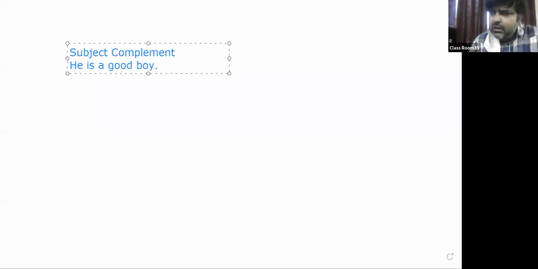Here, whenever you have linking verbs as the only verb in a sentence, let me tell you, a linking verb in a sentence can never give you an object. In the sentence "I am Avishek Dev," here "am" is the linking verb of the be form. Now in this sentence, the object cannot be Avishek Dev.